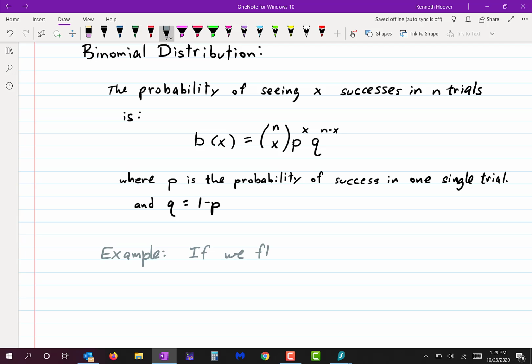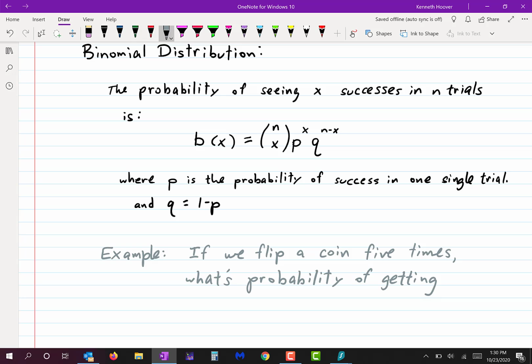If we flip a coin 5 times, what's the probability of getting 3 heads and 2 tails?